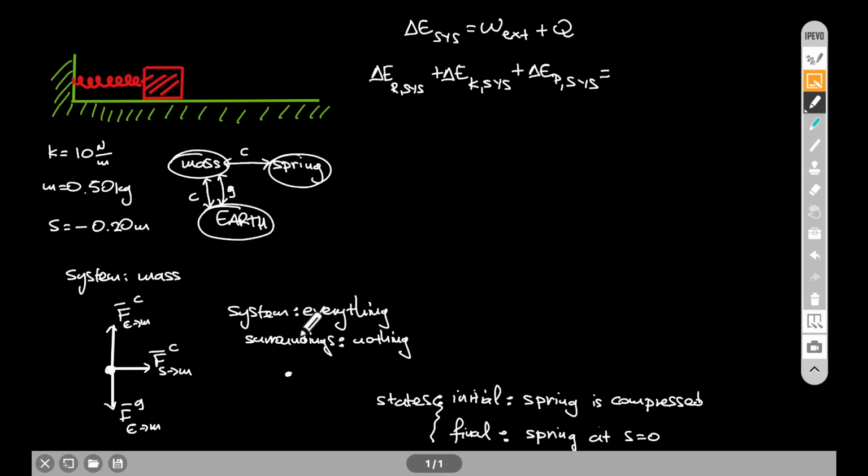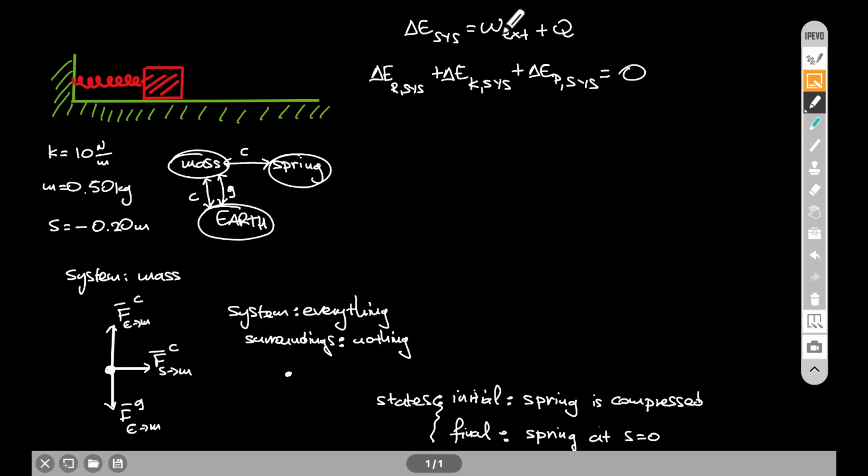Now, because the system is everything and the surroundings include nothing, there is no work done, and we don't have any temperature changes or thermal energy transfer, so the right side is 0. Q heat is 0 because there is no thermal energy transfer between the surroundings and the system.